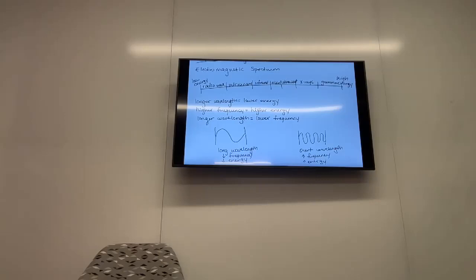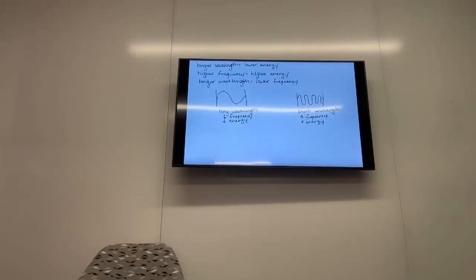There's some equation I'm forgetting. So there's actually two, and then you can combine them into one. Does anyone know what one equation is?